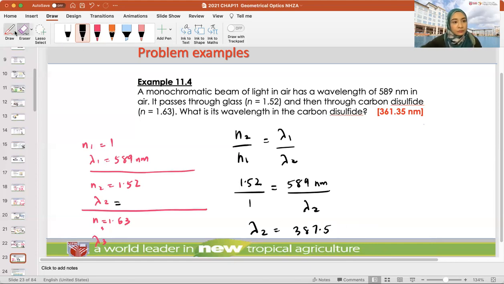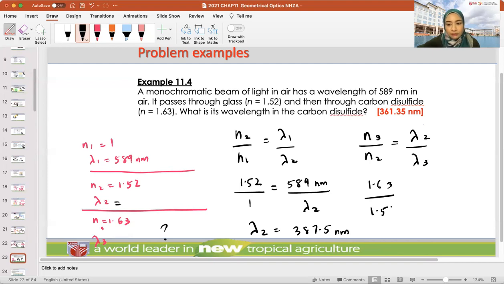This is not the answer because kita tak tahu lagi apa wavelength dalam ni. So again, next one, N3 over N2, lambda 2 over lambda 3. It has to be terbalik. Remember that. Okay, so N3 is equal to 1.63, N2 is 1.52, and lambda 2 is what we found over here, 387.5 nanometer, and lambda 3 is what we're trying to find.